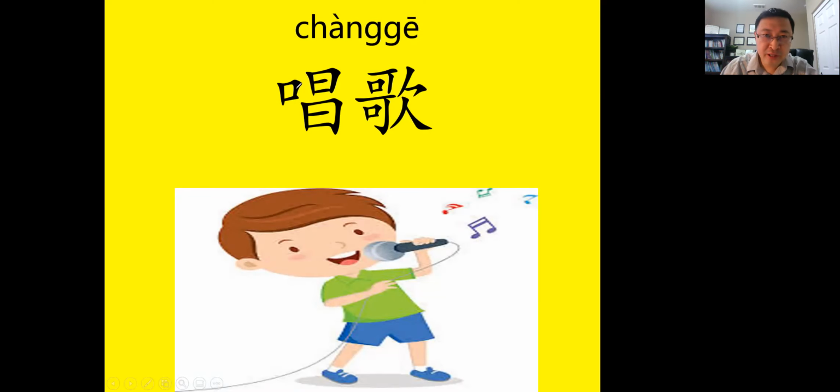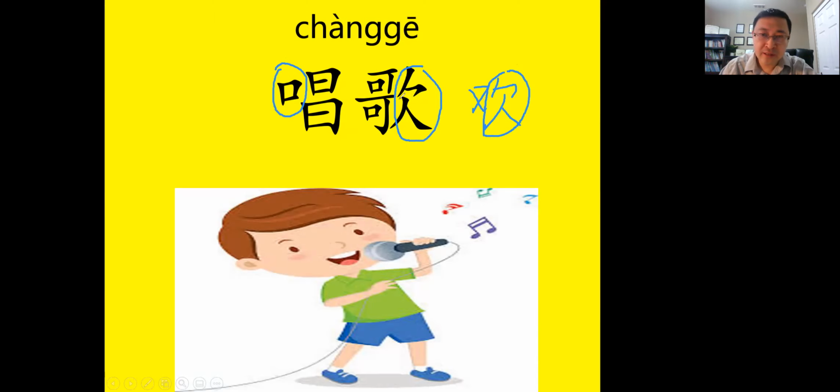The first character Chang has a mouth radical, and the second character has the same component as the character I just shared with you, which is Huan, happily doing something or enjoying doing something. They have the same component in common shown on the right side of both characters.